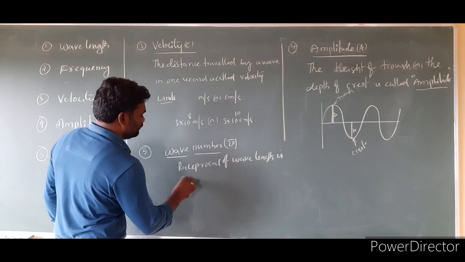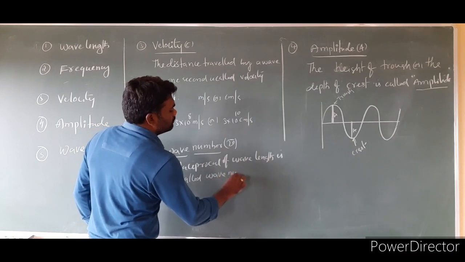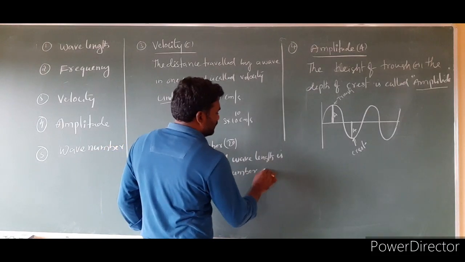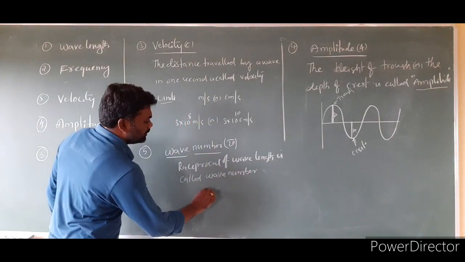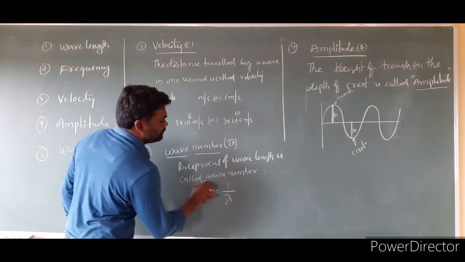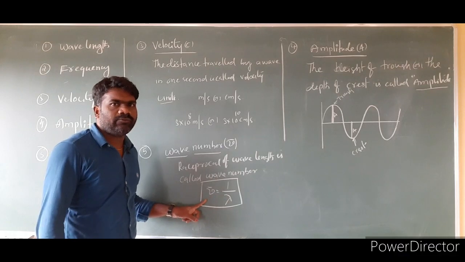Reciprocal of wavelength is called as wave number, or this point meaning is nu bar is equal to 1 by lambda. So the reciprocal of wavelength is equal to wave number.